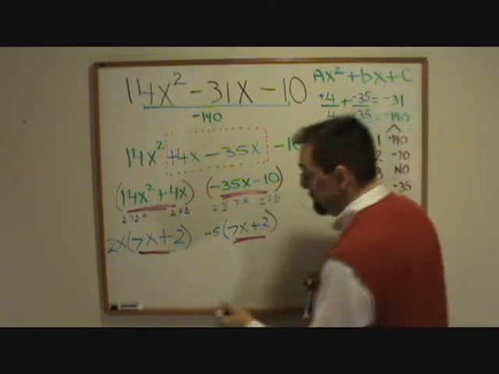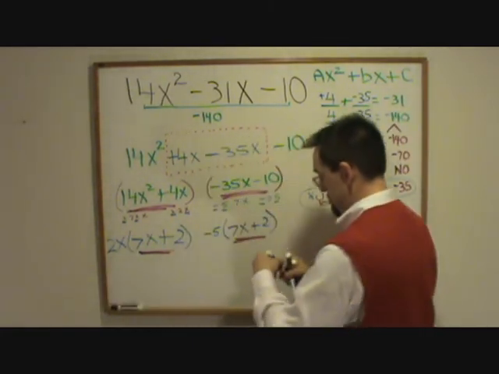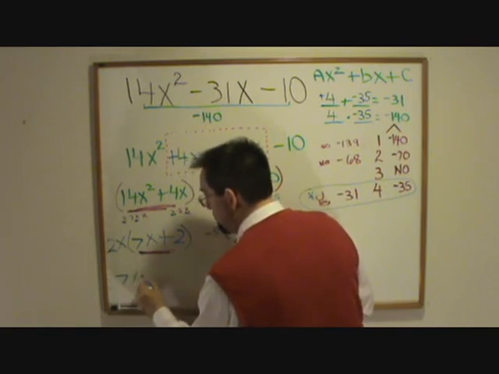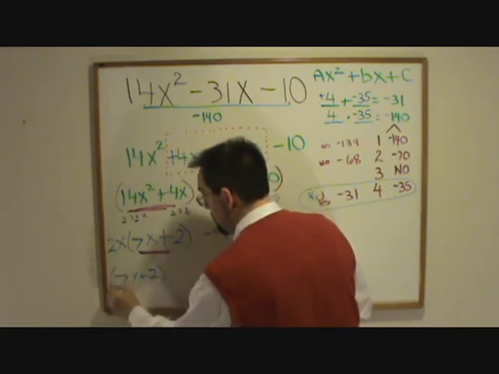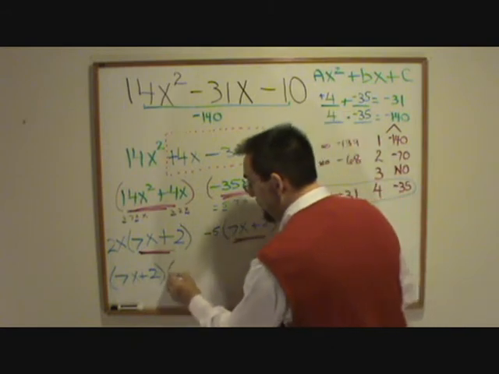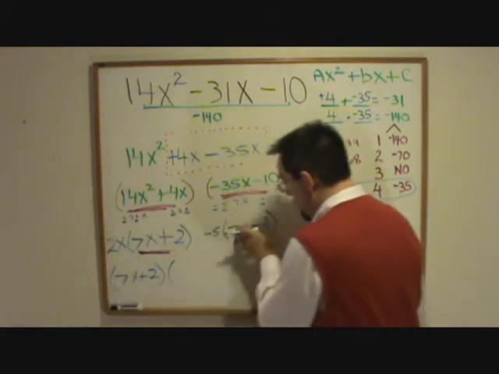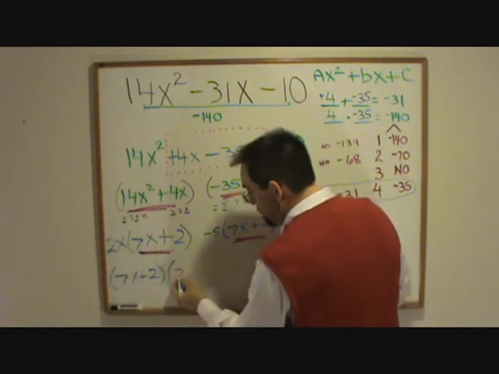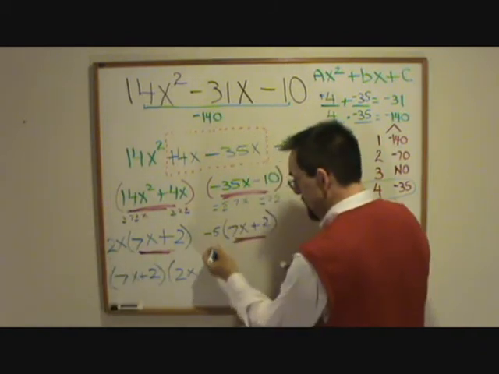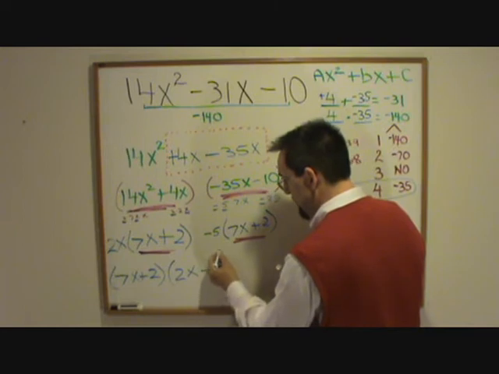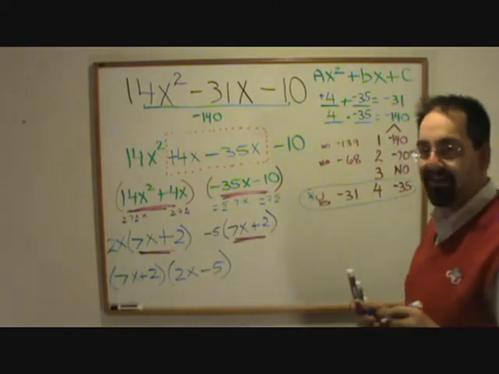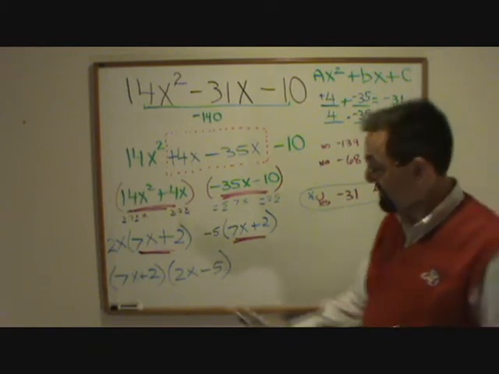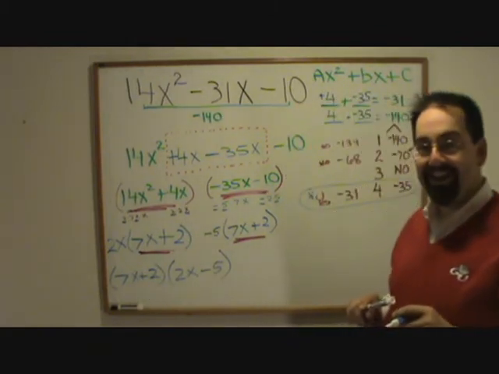Let's pull that out: 7x plus 2. Now what's left? If I pull that out and I pull this out, what's left? The 2x minus the 5. If we think back to tutorial number 6, that's the answer we got.